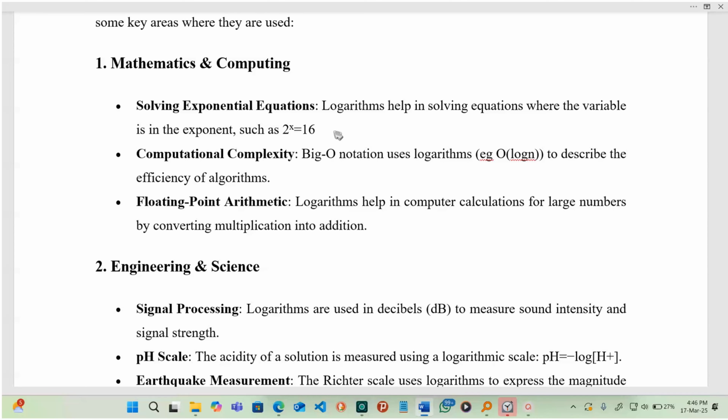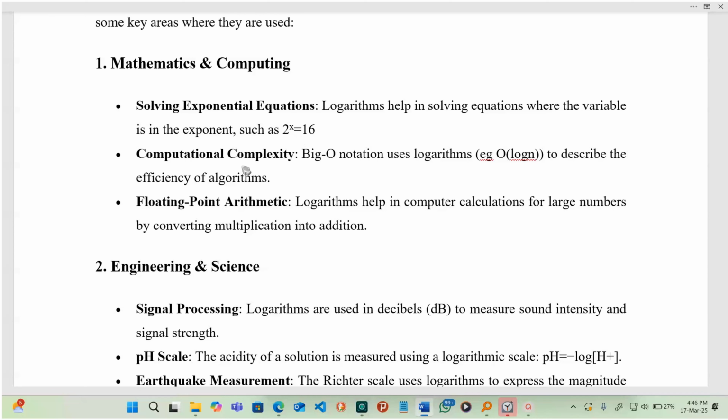So when you find problems like 2 to power x is equal to 16, you can only solve this if you understand the rules of logarithms and indices. And there are very many practical applications or mathematical models where you need such a simple calculation.